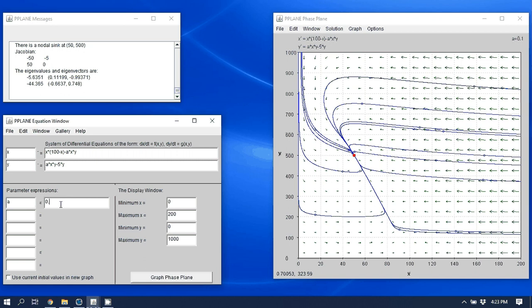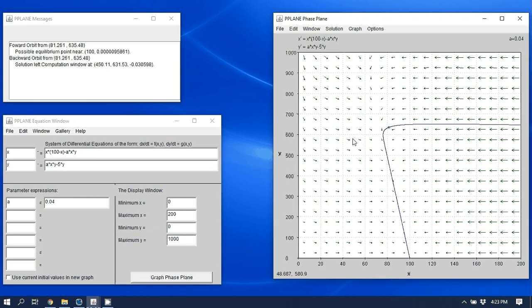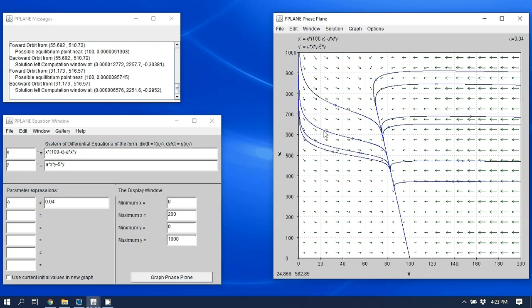If it's truly a threshold, anything less than 0.05, let's say 0.04, should indicate that the predator goes extinct. Y goes to 0, X goes to 100. And notice that no matter where you click, all the solutions sink to the point 100, 0. So the equilibrium point is x 100, y 0, and that's the stable point. And in all cases, no solution approaches 0, 0, meaning that the extinction equilibrium point for both species is unstable.